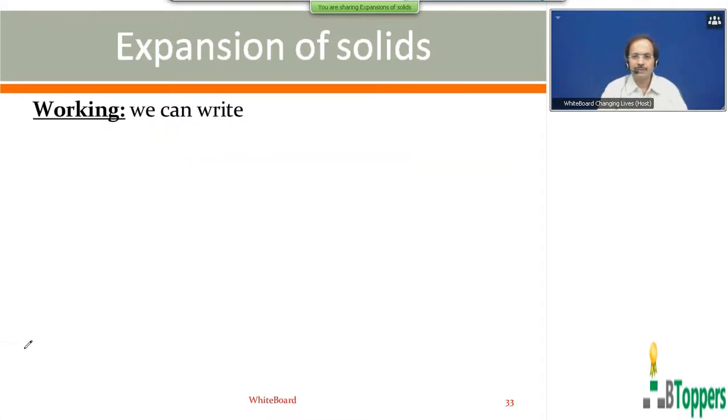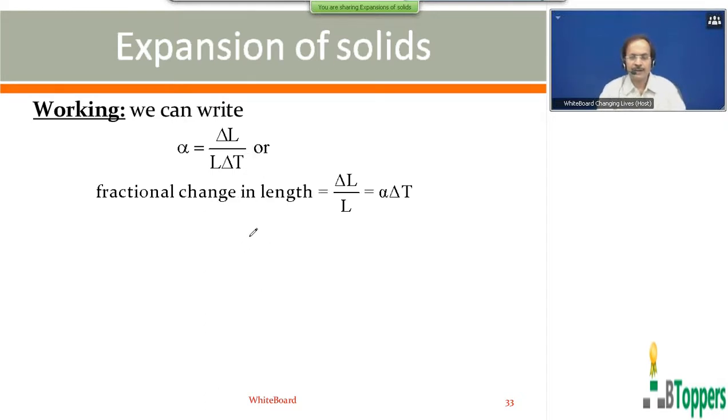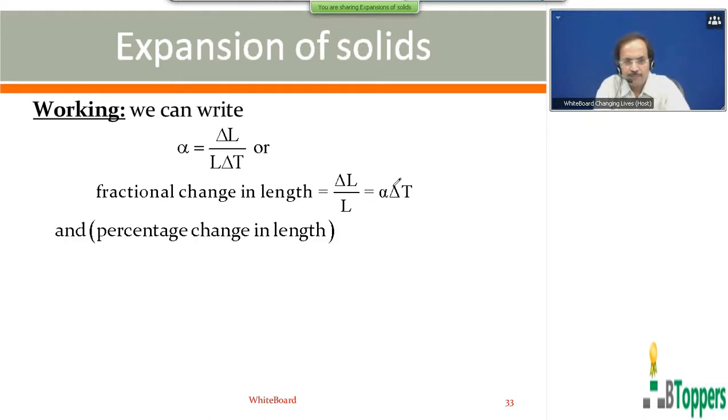Look at the screen for working. We can write alpha equal to delta L by L into delta T, or fractional change in the length, delta L by L, equal to alpha into delta T. Or percentage change in the length, you can write delta L by L into 100%, or alpha into delta T into 100%.